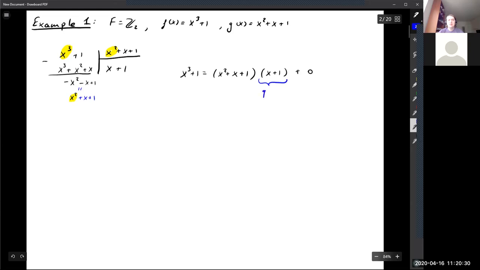So this is the quotient, q of x, and this is the remainder, r of x. Okay, and because we're working with polynomials over a field, when you compare these leading terms highlighted in yellow, you can always find a factor by which you have to multiply your polynomial g of x to cancel the leading term.